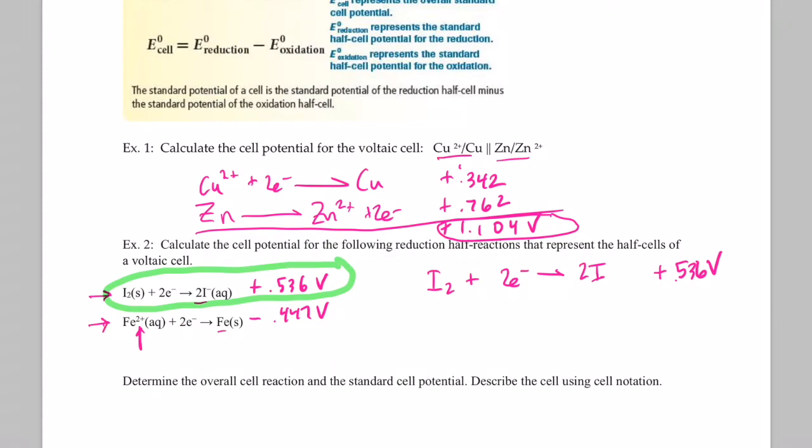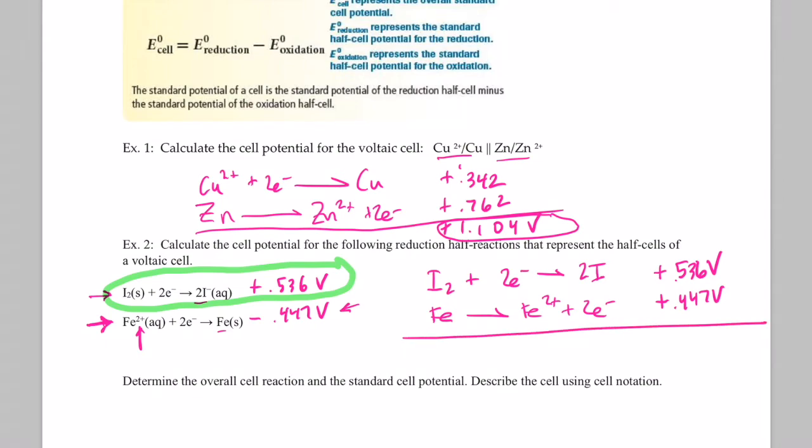That means this other reaction, folks, must be an oxidation reaction, so we have to write it backwards. So we would end up with Fe becoming Fe2+ and 2 electrons. Now the potential of that happening is the opposite of the reduction potential, so that would be a positive 0.447 volts. Now when we add these reactions together, the 2 gained are canceled out by the 2 lost, so we end up with I2 plus Fe reacts to form Fe2+ and 2 I negative.